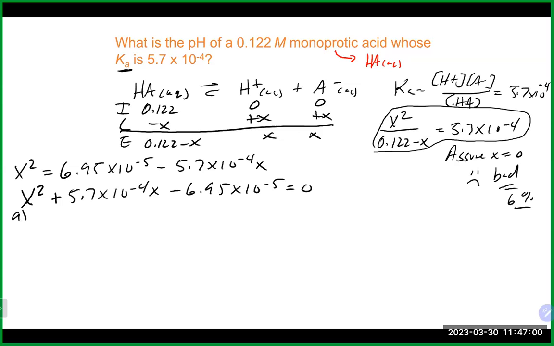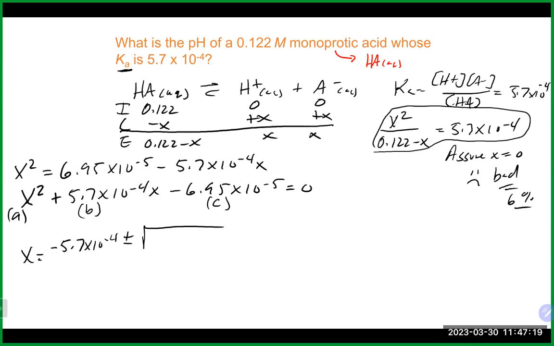This obviously, again, is our A, B, and C in this case. Going into our quadratic here, it's going to give us x is equal to minus b, which is 5.7 times 10 to the minus 4, plus or minus the square root.